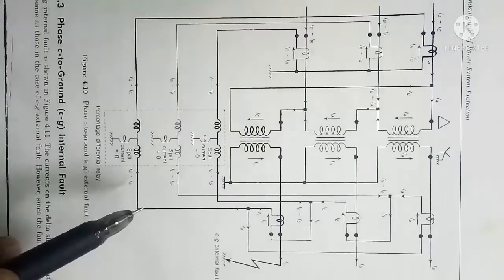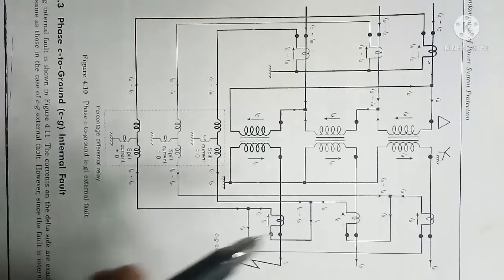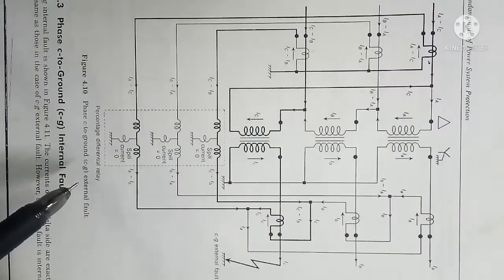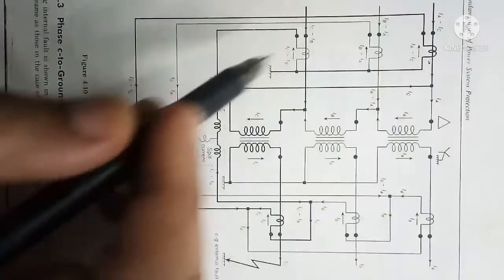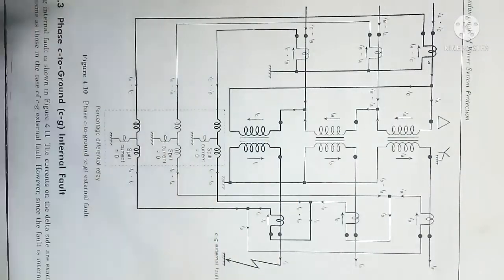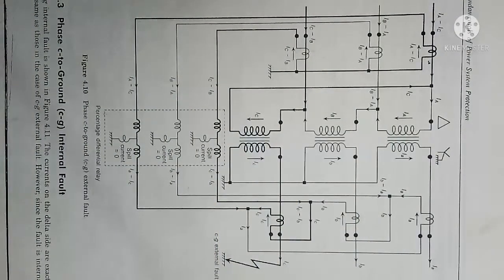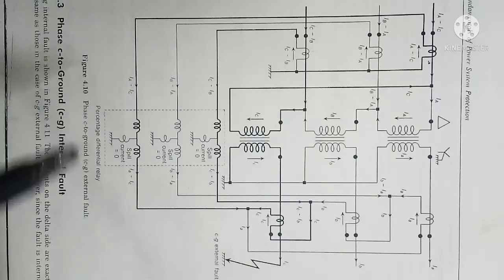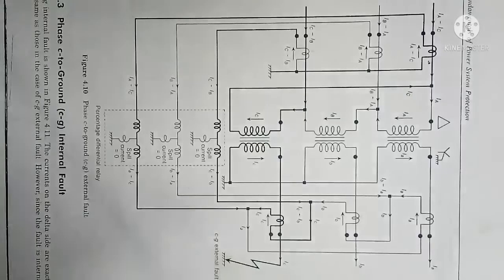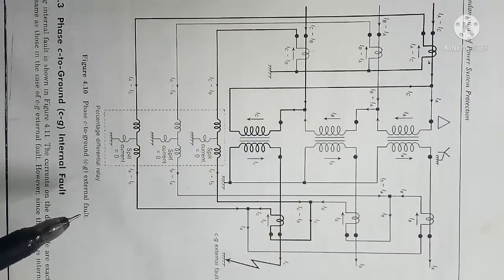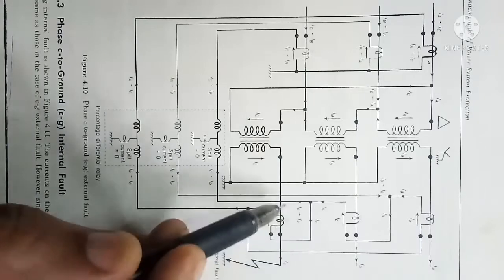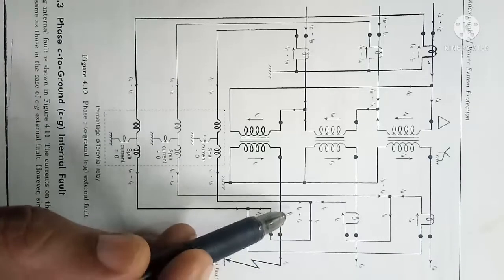And because of that, in the CT lines on the secondary side and on the primary side, wherever current IC is flowing, that line current will also change. It means that here on the secondary side, IC minus IB is flowing.